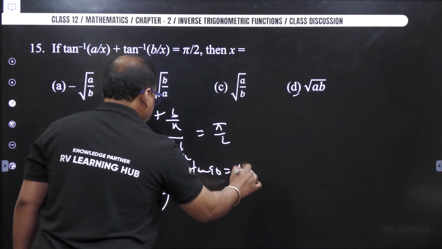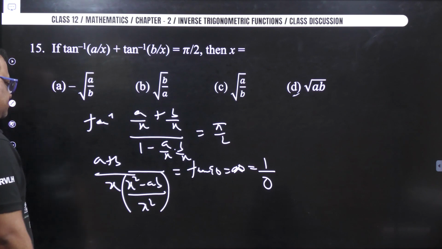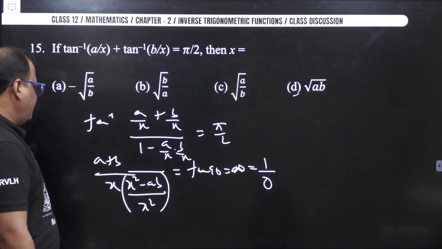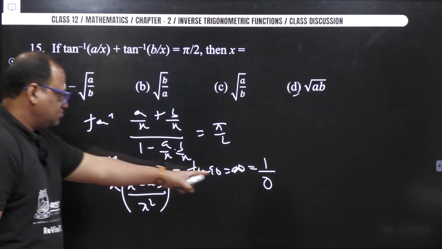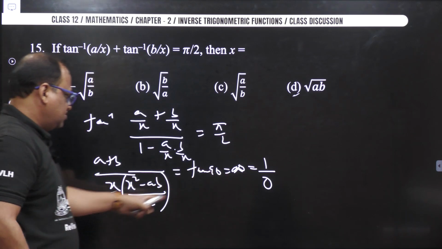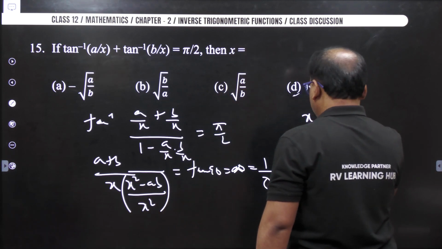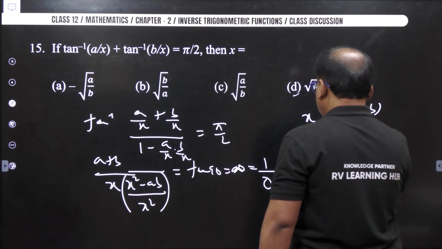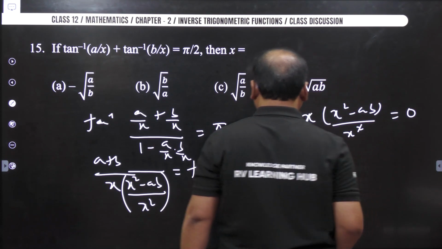So tan 90 can be written as infinity. Infinity is taken as 1 by 0. Okay, infinity is taken as 1 by 0. So this value is coming this side, cross multiplied. So this is going to the top. So x into x square minus ab divided by x square is equal to 0.